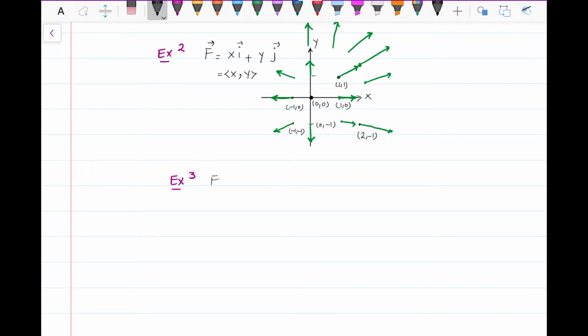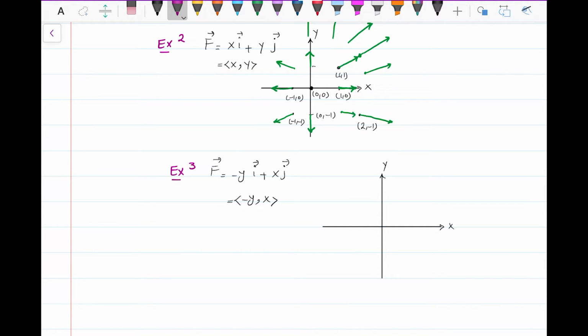Let's look at this vector field f, which is -yi plus xj. This vector would be -y and then x. And if I want to graph this, x and then y, and then at the point 0, 0, I still get 0, 0.